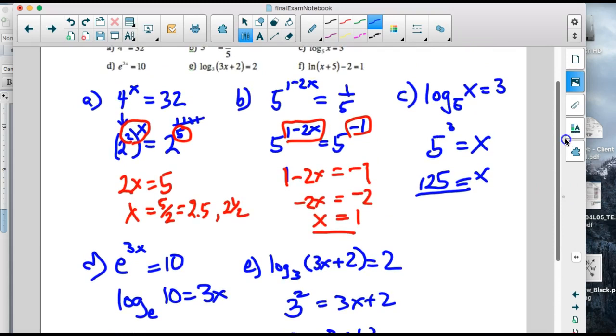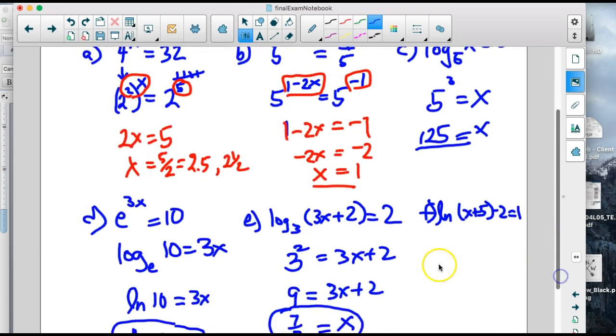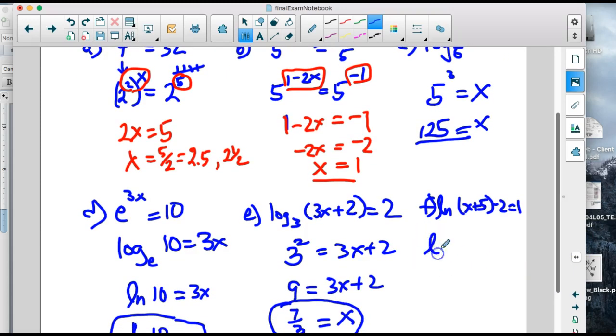Okay, and now the last one, F: ln of x plus 5, minus 2 equals 1. The first step is to add 2 to both sides, so that we have ln of x plus 5 equals 3.